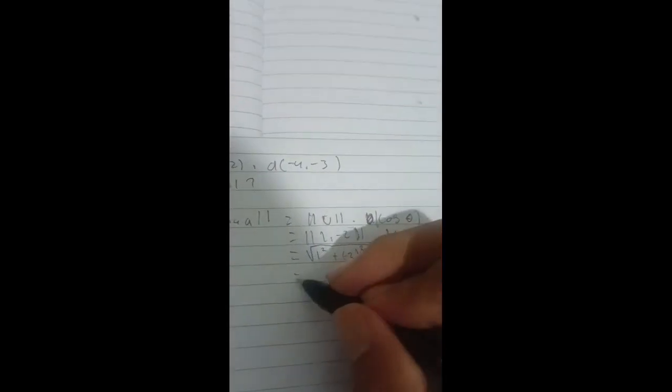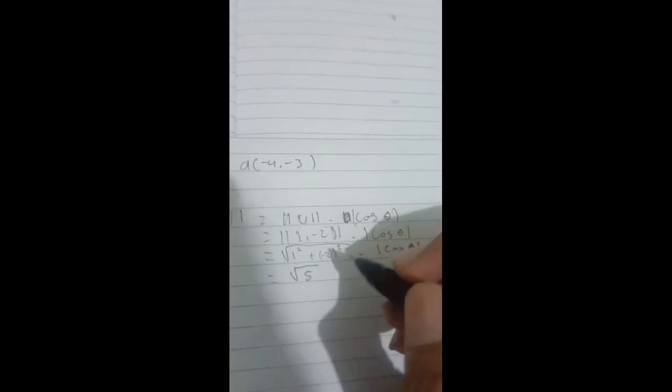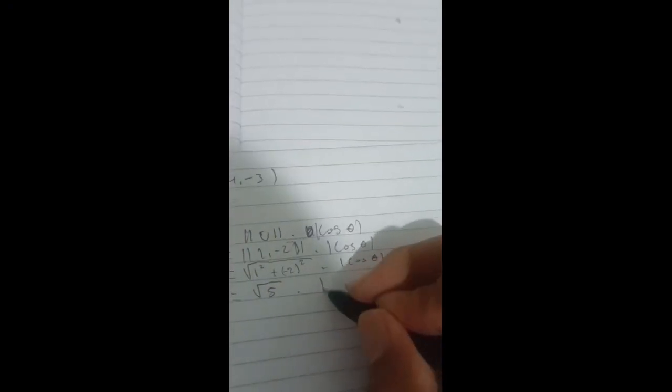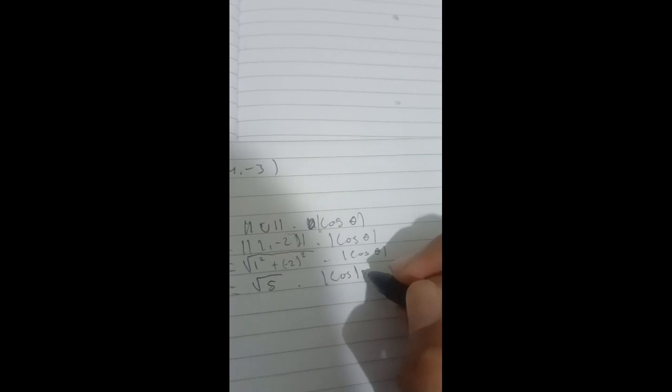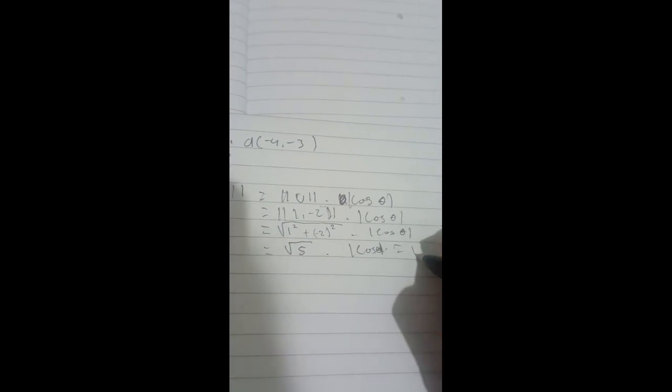We get the answer: the square root of 5 multiplied by cos theta. Then we get the answer 5.